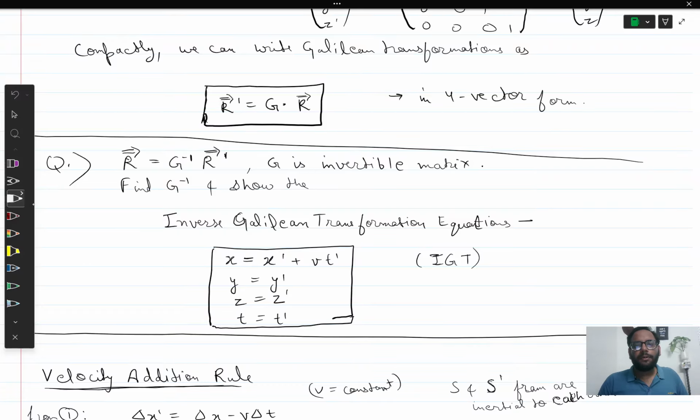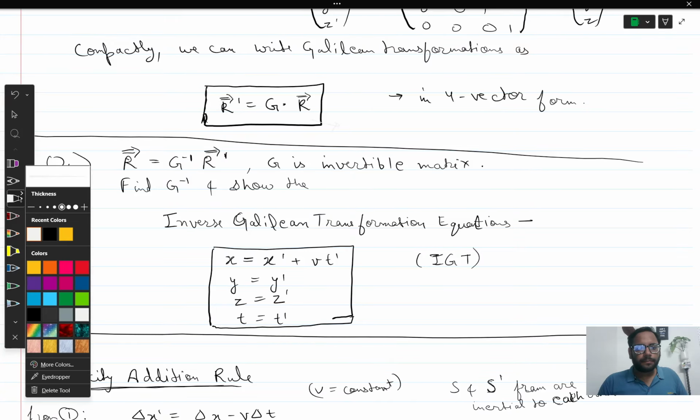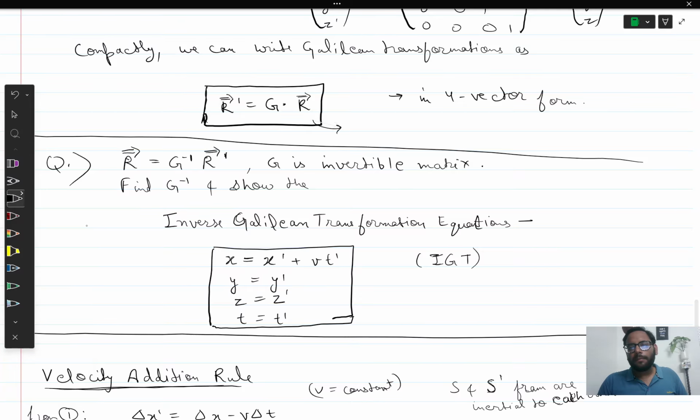So I cannot write this like this. Not a good notation. Okay, you just better write it like this only: R, cap R prime, this and R. This is correct. Why?